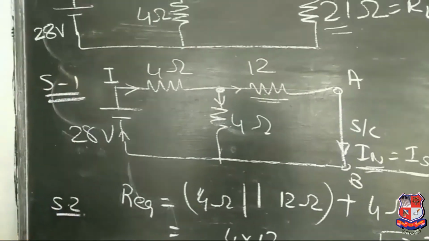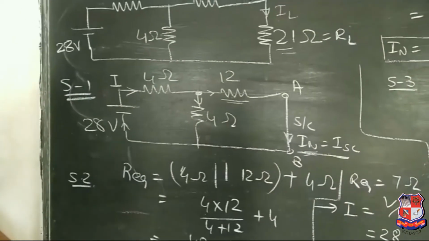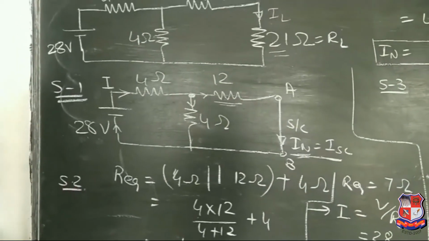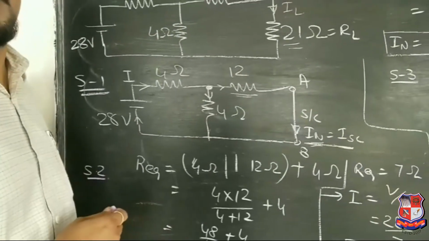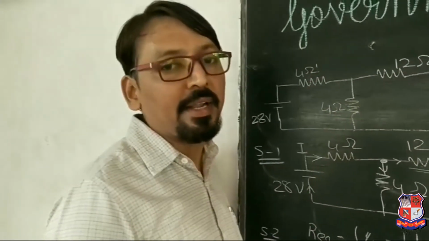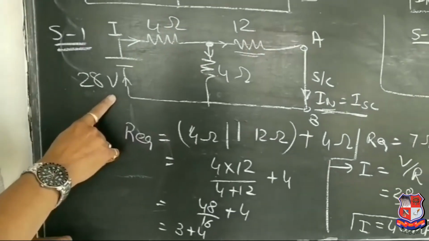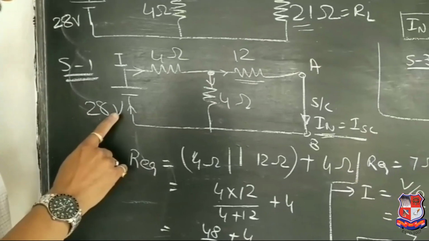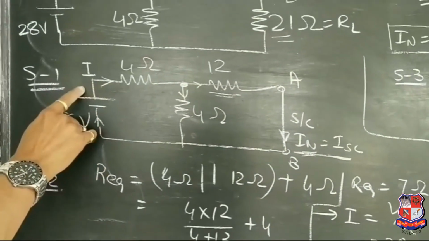If the voltage sources are there, then they are short circuited, as we know that in case of short circuit, voltage is 0. And if a current source is given, then it will be open circuited, as we know that in open circuit current is 0. So here in this network only a 28 volt battery is connected. So to calculate the R Norton, we have to short circuit this battery.